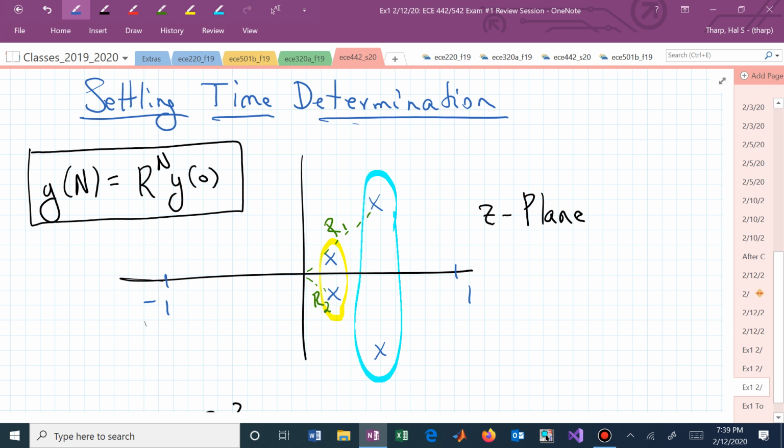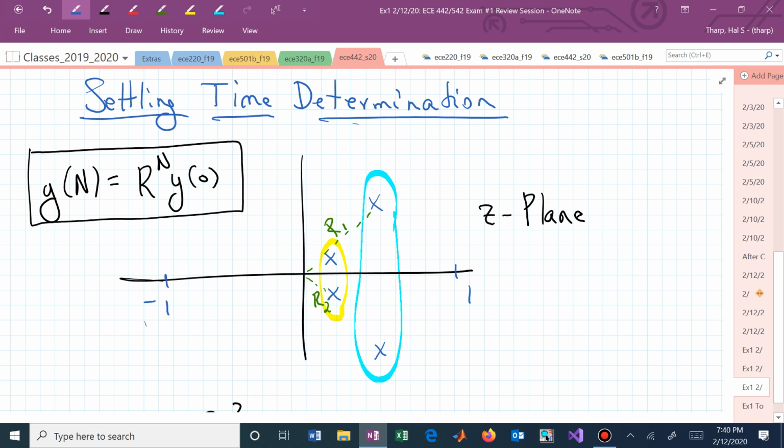Just put some numbers on this. Let's say R sub 1 is 1/2, and let's say R sub 2 is 1/4. Now you have 1/2, 1/2 squared, 1/2 cubed. That's shrinking slower than 1/4, 1/4 squared, 1/4 cubed.